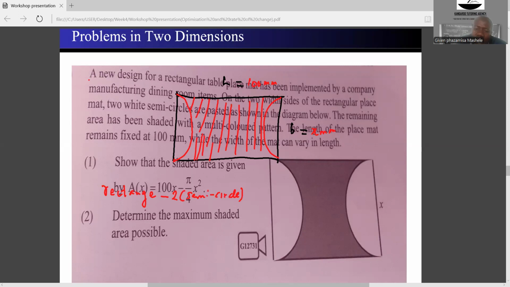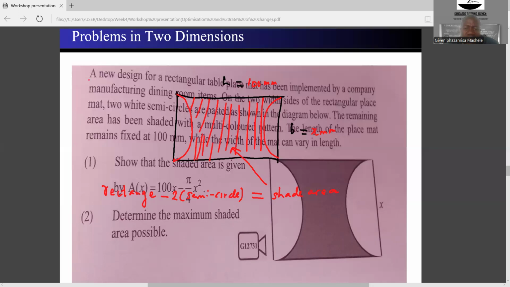Then they want to remain with this part, the shaded area. Now, according to the statement here, it says show that the shaded area is given by this. We want to show that the shaded area is given by this.